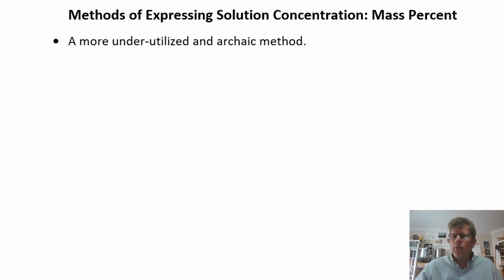I'll start off with one that is almost an afterthought. This is considered mass percent. As written here, it is underutilized and it's more of an archaic method. You don't see it as much anymore. It has fallen to another way of expressing solution concentration, which is used much more, that we'll talk about.